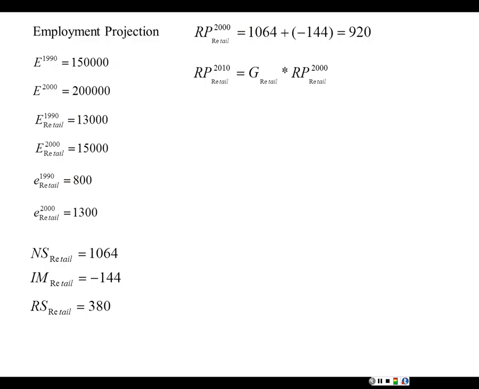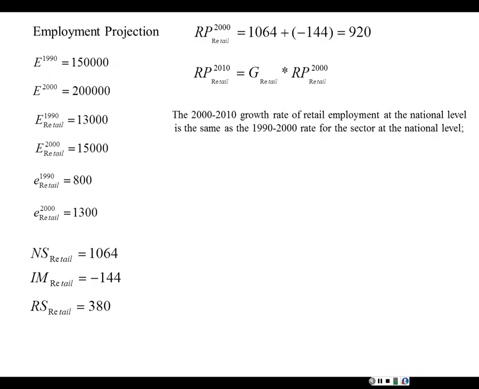To find out the 2010 regional proportion, you need to find out the growth factor. That's the G factor for retail. I told you the assumption that in the next 10 years, the growth rate of retail employment at the country level will be exactly the same as the 1990 to 2000 rate for the sector at the national level. That means for the next 10 years, the past trend will be followed.